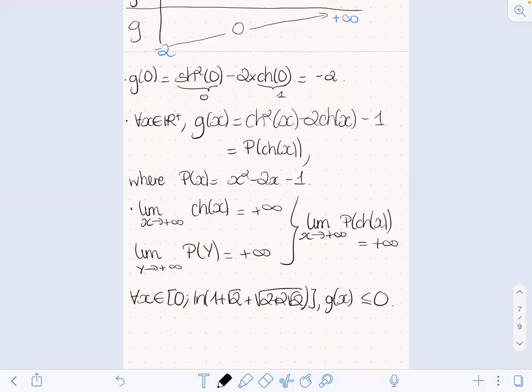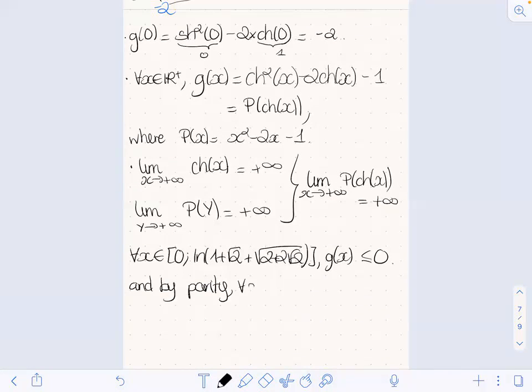Okay, and by parity, what the parity tells you is just that if we take minus that logarithm term, you'll be negative too.